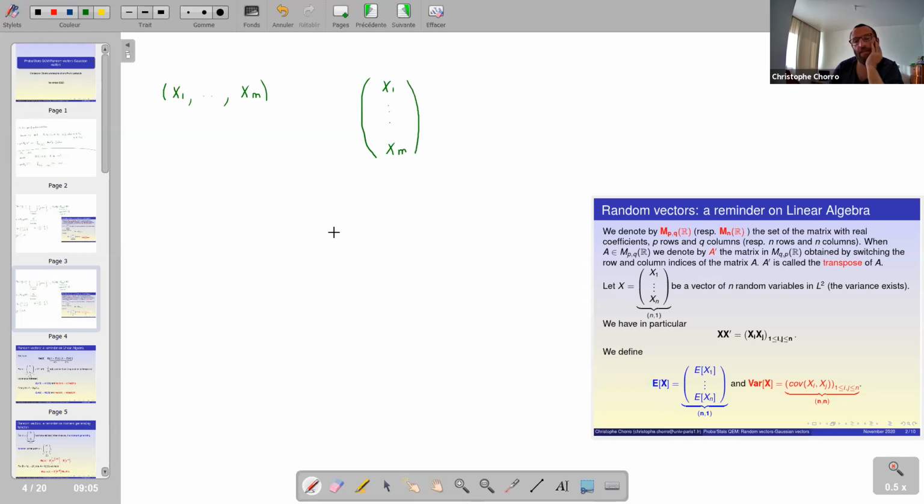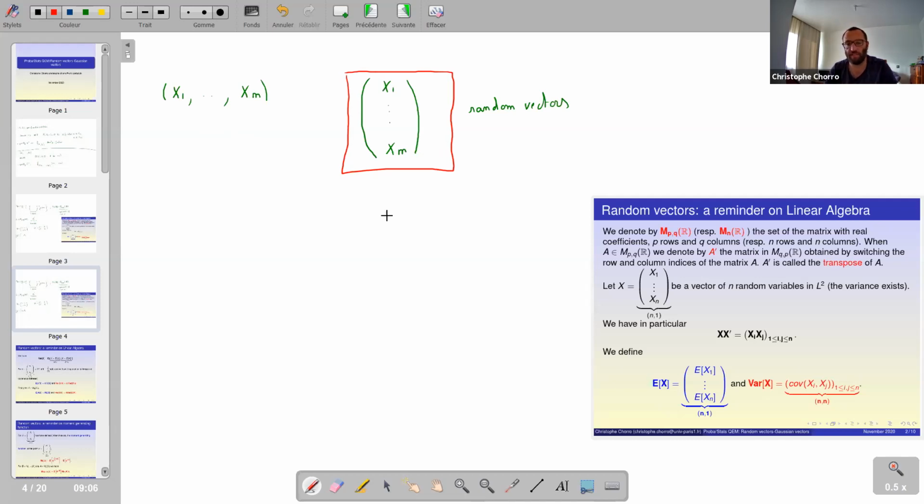In fact, these two objects are the same. The only thing that will change is when we multiply by a matrix, the size of the matrix will depend on the convention I have used. From now on, I will denote a random vector as a column.